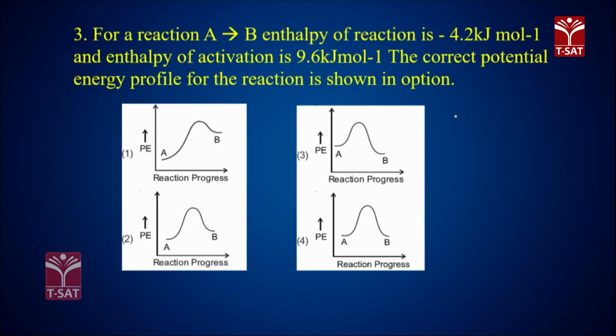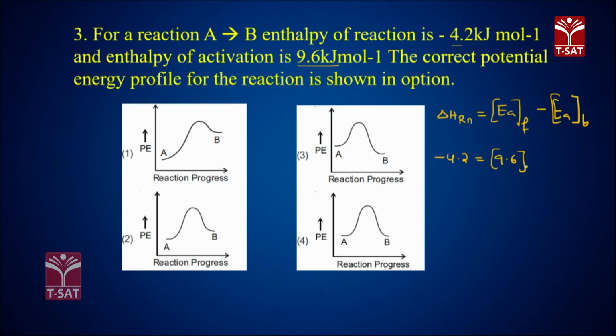So, see, enthalpy of reaction is equal to activation energy of forward reaction minus activation energy of backward reaction. Forward reaction is given as 9.6, right. So, enthalpy of reaction is minus 4.2, equal to forward, which is given as 9.6 activation energy, right.